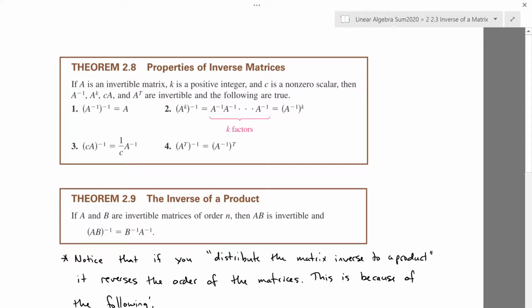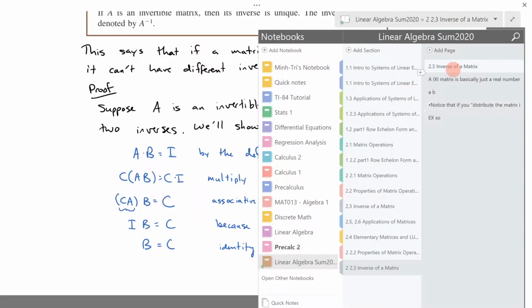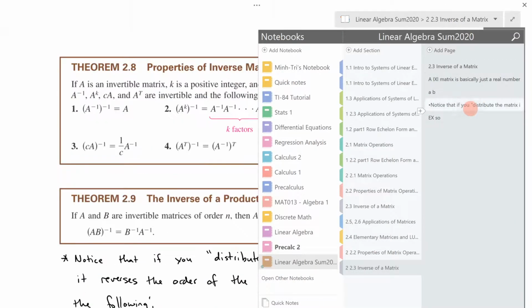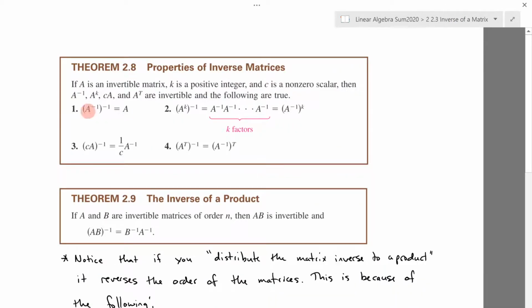Because if B is the inverse to A, then A has to be the inverse to B just from this equation here. Okay, so the first one is fairly straightforward.